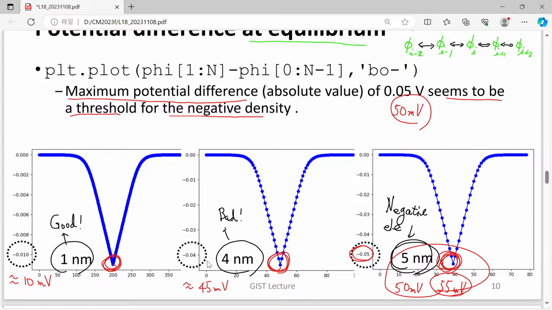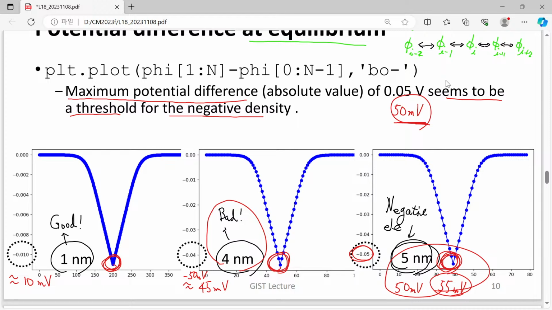And when it is below 50 millivolt, it becomes quite bad, but still we are free from negative electron density. Then my question is, why does this number 50 millivolt occur?